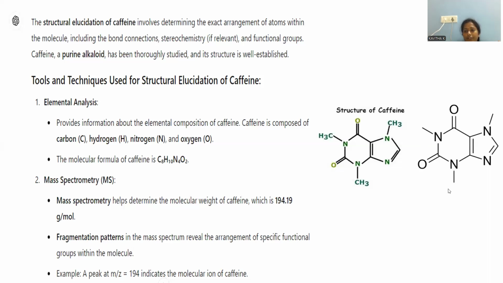Being a bicyclic system, we have to fragment it in order to get a more convenient way for the determination. So fragment analysis is also part of this mass spectroscopy. Example, if you are getting a peak for m/z, mass by charge, 194, it indicates the molecular ion of caffeine. So molecular ion denotes what?